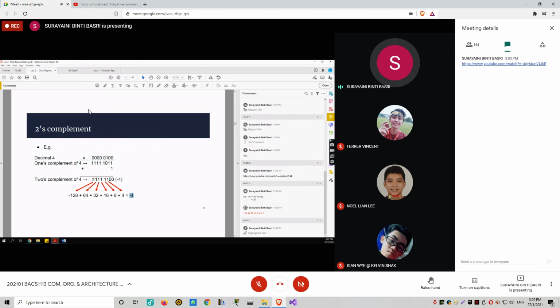So in the computer, the decimal 4 will be stored as this one, and its negative will be stored as this binary number. In that video, when you watch, you will know how they get that formula to come out with this step.